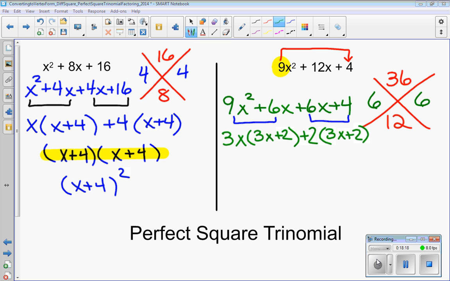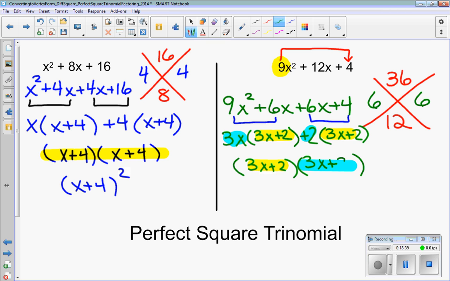So my 2 factors at the end of the game are the one they have in common, and then the other 2 combine to give me this one. So I get 3x plus 2 here as well. Since those 2 factors are identical, I have to take it one step further and make it look like this: 3x plus 2, all quantity squared.